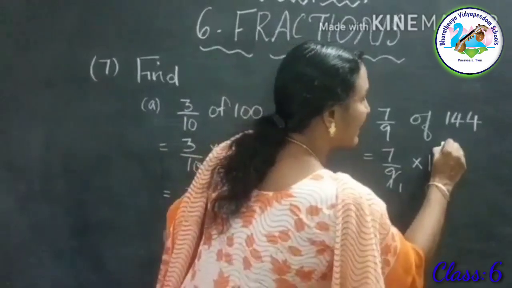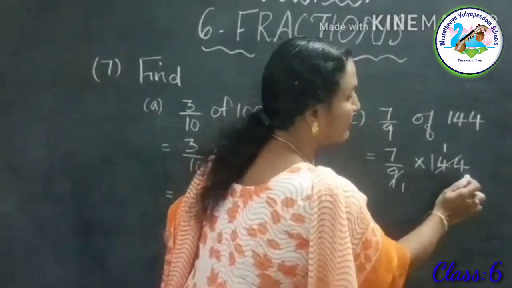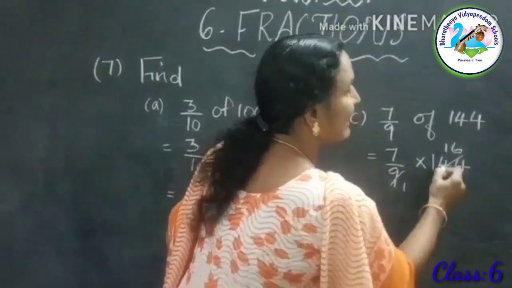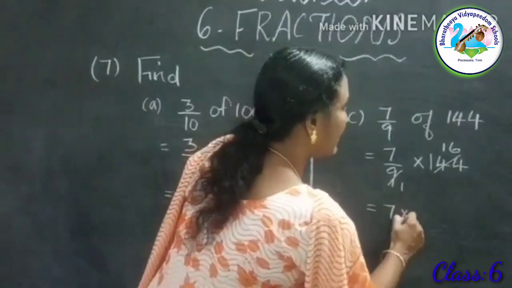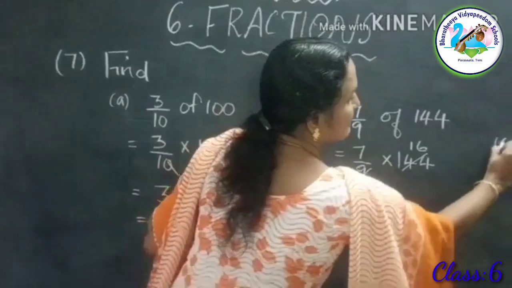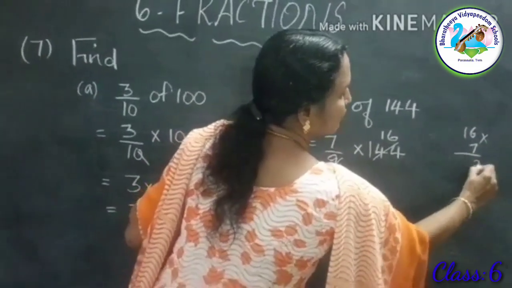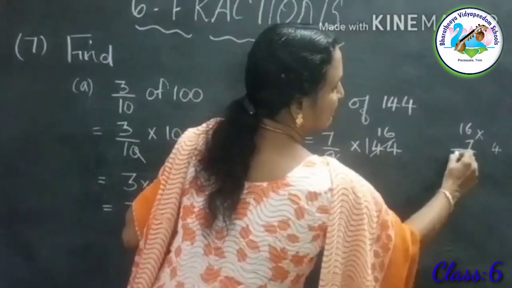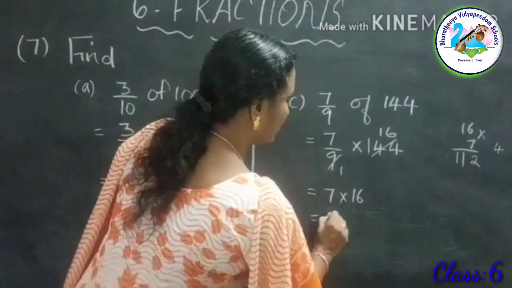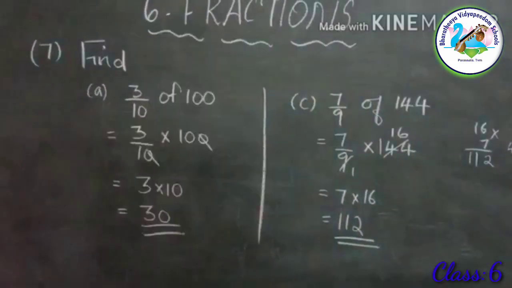Then balance 5, 54. 6 9s are 54. Is equal to 7 into 16. 16 into 7. 6 7s are 42. Balance 4. 1 7s are 7. 7 plus 4, 11. Is equal to 112.